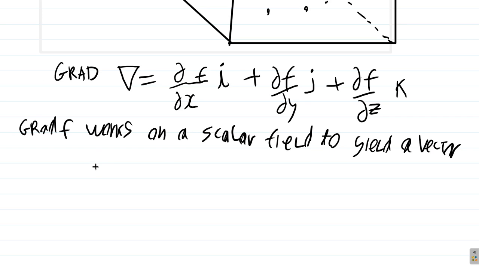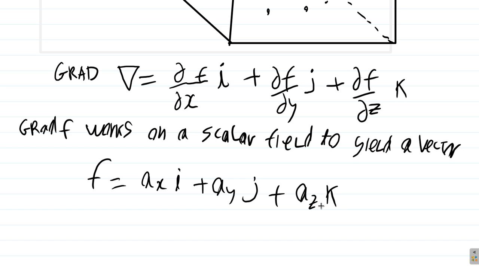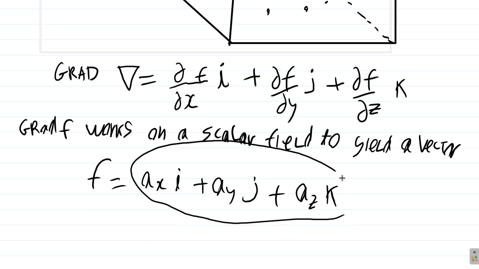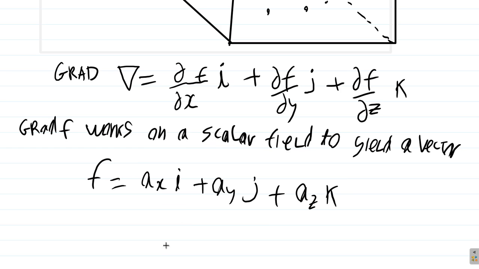So f is not going to be some value of xi plus some value of yj plus some value of zk. This itself is a vector. You cannot really find the gradient of a vector. It must be a scalar, alright?